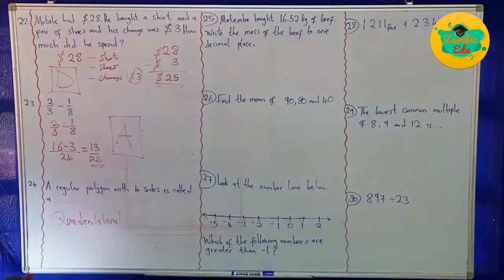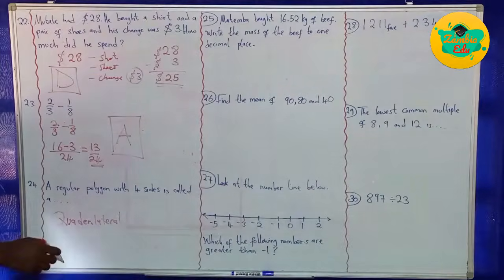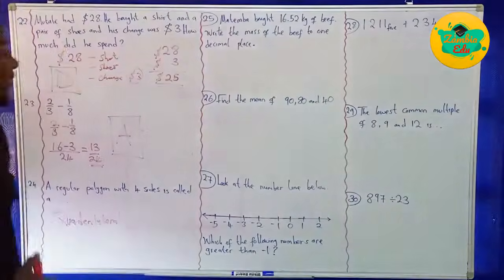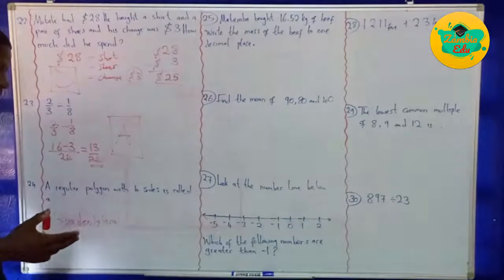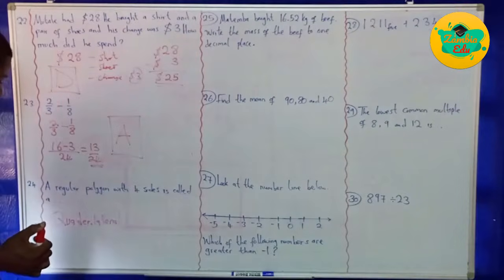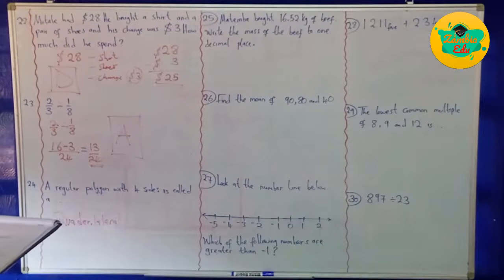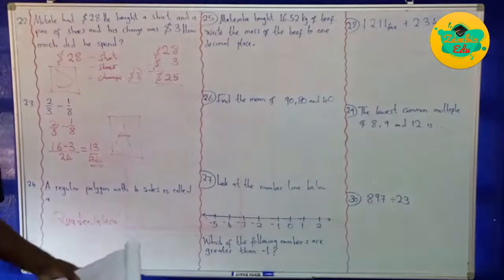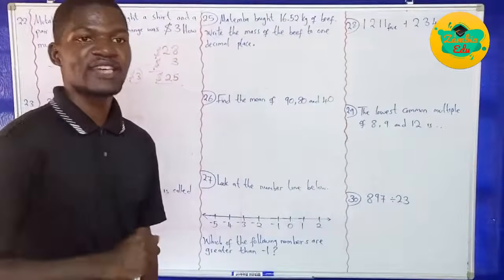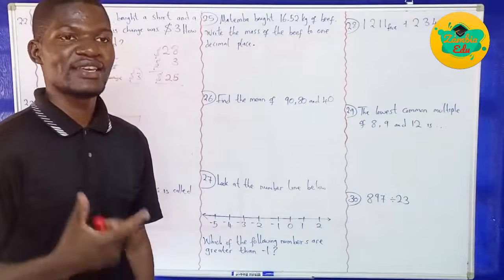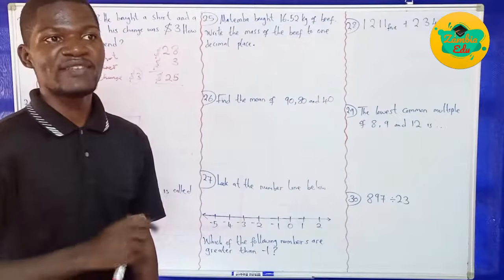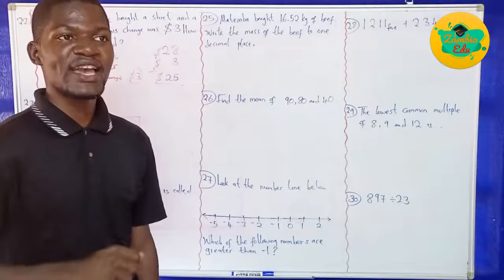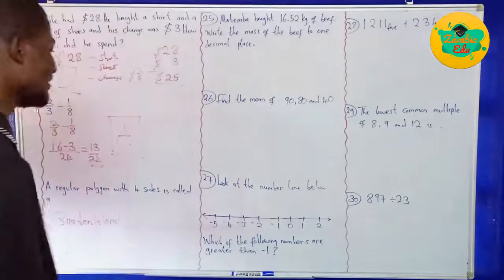Our answer is quadrilateral. A shape with 3 sides is called a triangle, 4 sides a quadrilateral, 5 sides a pentagon, 6 sides a hexagon, 7 sides you can say heptagon, 8 sides octagon, 9 sides nonagon, and 10 sides decagon.